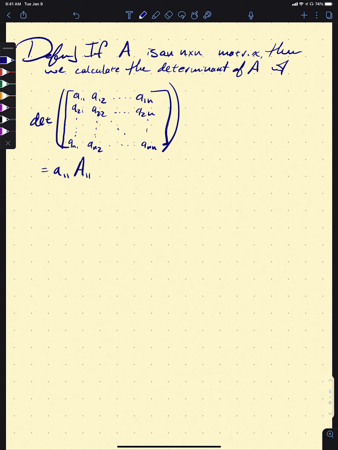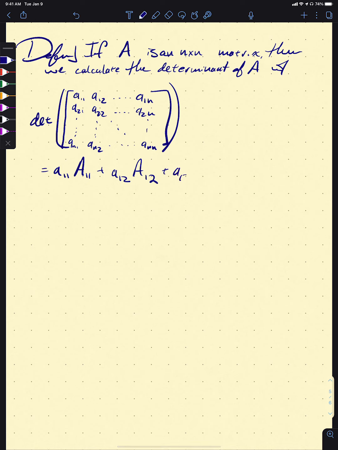So we do that for a11, then we take a12 and multiply it by its cofactor, where you find that cofactor by removing this row and this column, taking the determinant and then multiplying by the proper sign.